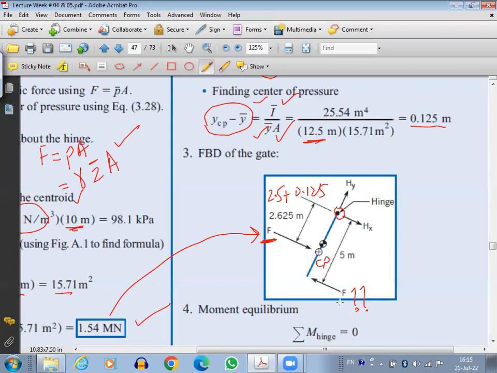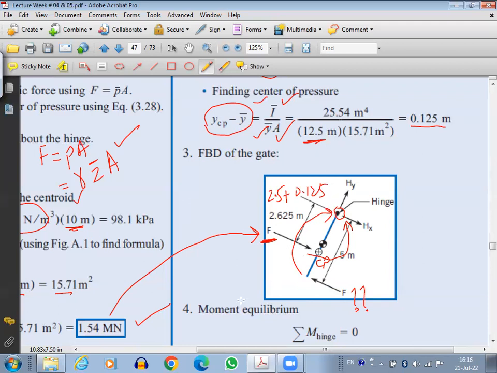Now I can find out this force very easily because I can apply the moment equilibrium at the hinge. The moment of the hydrostatic force will be this force multiplied by the moment arm, and the moment of the force that I want to calculate will be this force multiplied by its moment arm, and they both will be opposite.